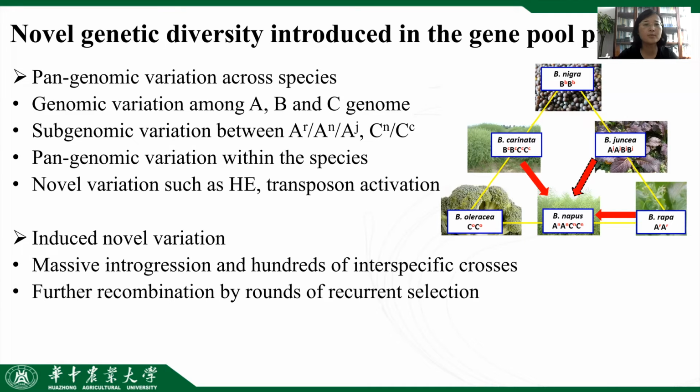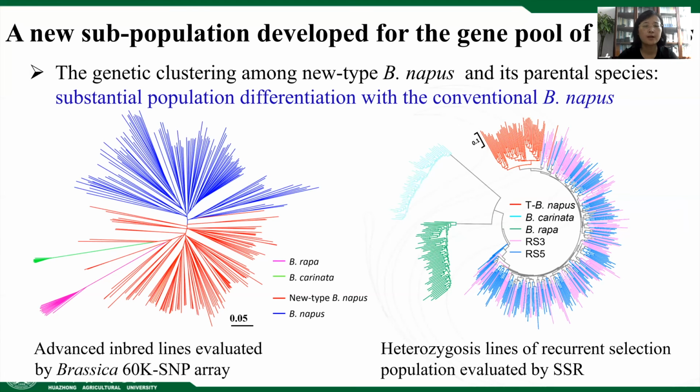In this gene pool, we found a subpopulation level of differentiation from conventional Brassica napus. The red part is the new type gene pool lines and their founder parents, and the blue lines represent conventional napus cultivars.